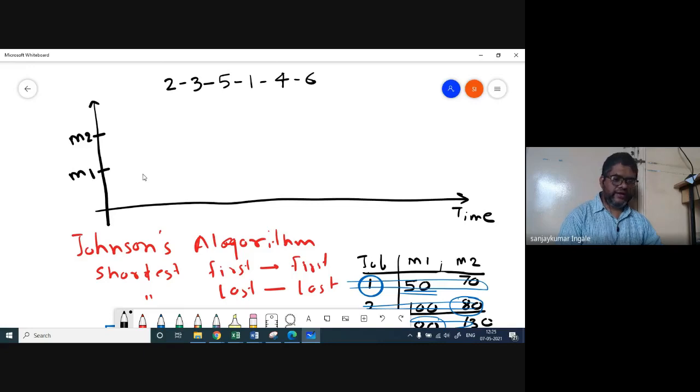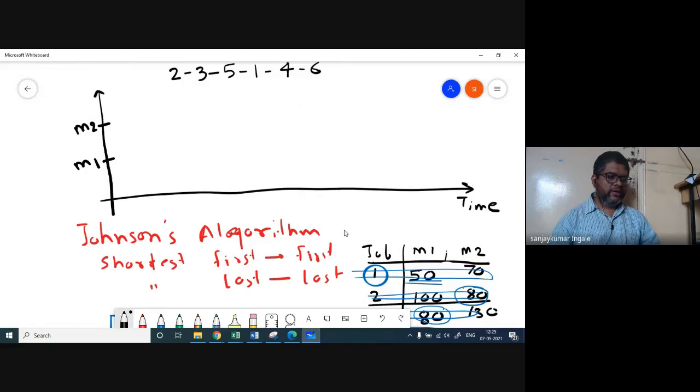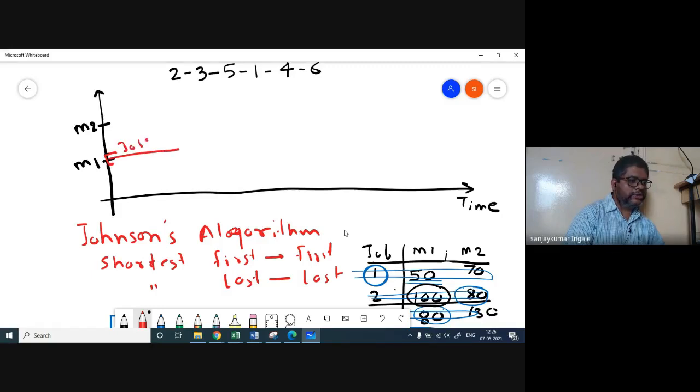If you look at it, job number 2 will have 100 units on machine 1. So I'll change the color and load job 2, which requires 100 units on machine 1.